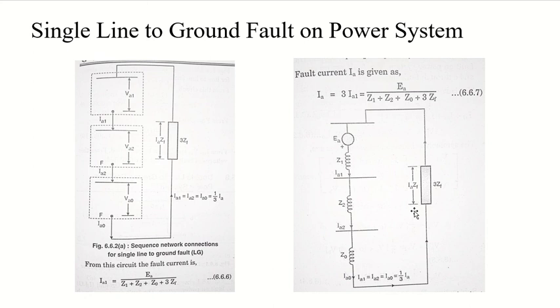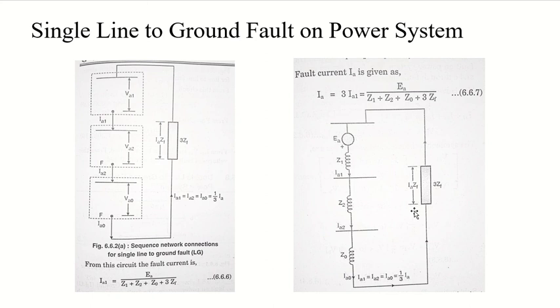Based on this circuit, the Thevenin's equivalent circuit of my LG fault, we can also find the voltages. We can also find the value of VB. How can you find it? You can do the same trick we did for a synchronous generator.